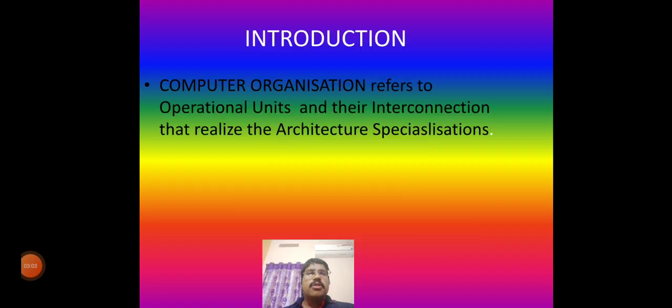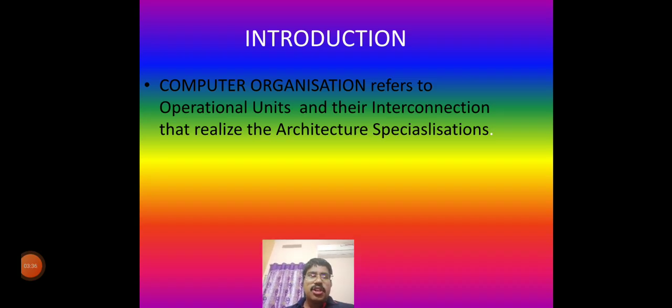First of all, what is meant by computer organization? Computer organization refers to the operational units and their interconnection that realize the architecture specifications. What does it mean? It is nothing but interconnection. That means we are going to interconnect various components. What are the components? Operational units. What is meant by operational units? Input devices, output devices, ALU.